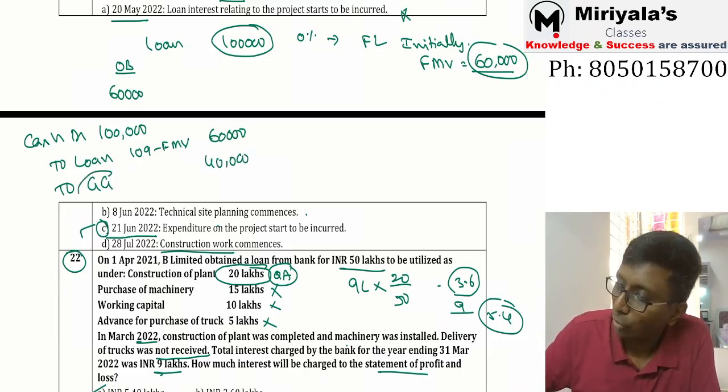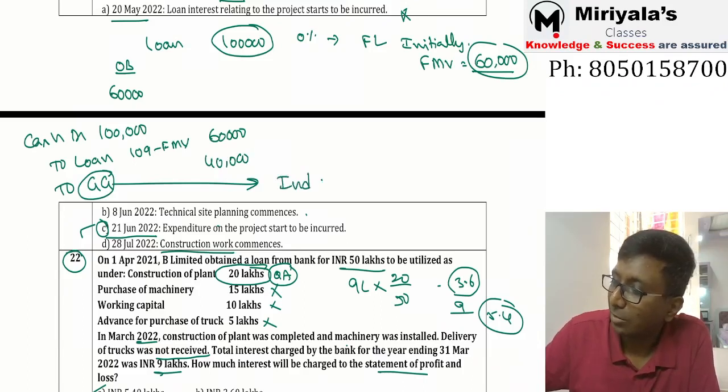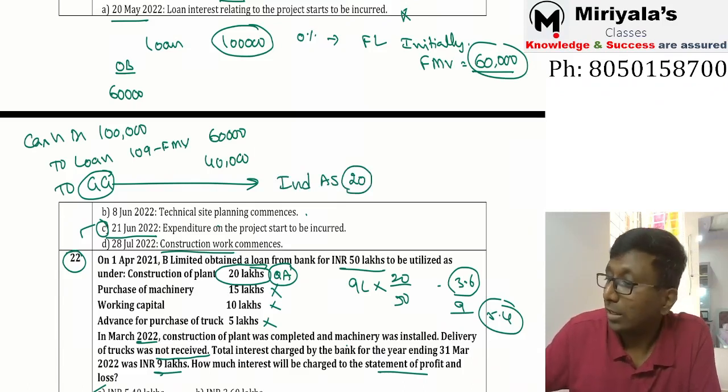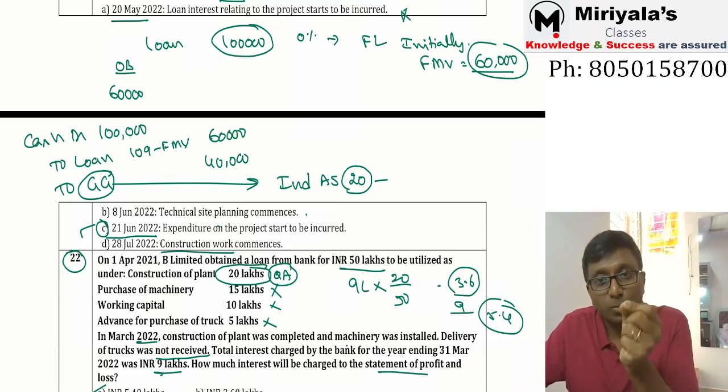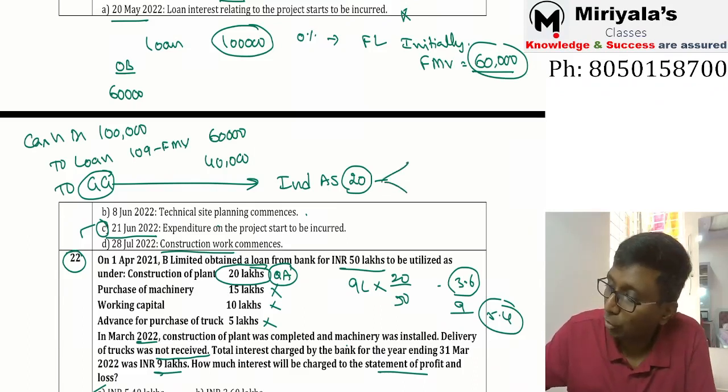Okay. So what do you do with this? Whenever I say government grant, then immediately you are supposed to refer to Ind AS 20. What is it saying in Ind AS 20? Isn't it a government grant you got related to a specific asset? Yes. So you have got two choices. What are the two choices?